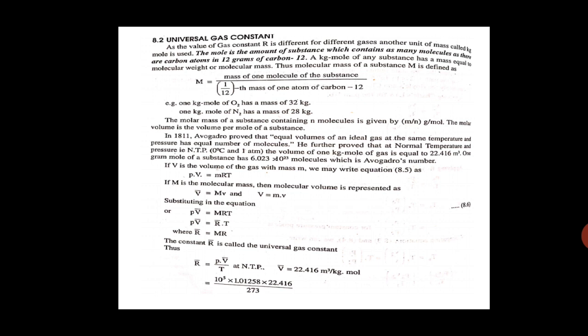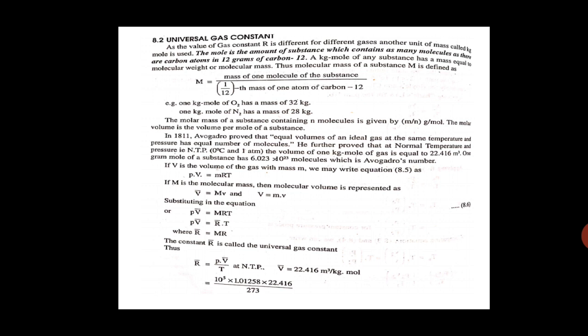That is, we can write volume V is equal to M into v, mass into specific volume. Substituting in the equation, we get P V bar is equal to mRT, or P V bar is equal to R bar into T, where R bar is nothing but MR.